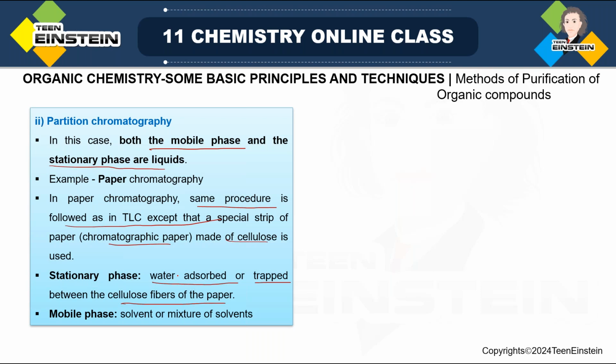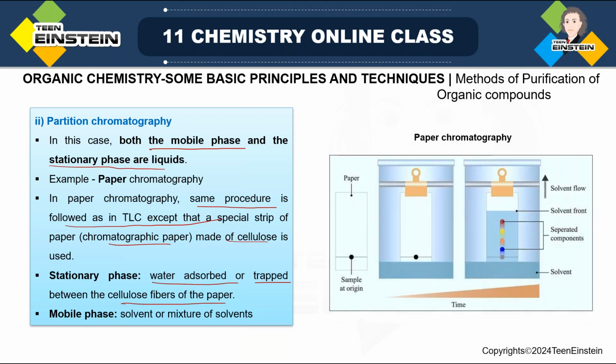So the paper itself is not the stationary phase. The water trapped between the fibers of the paper is actually the stationary phase. And the solvent or mixture of solvents is the mobile phase, just like you have seen in the case of TLC. So see, it looks like TLC, but be very careful. It is not TLC. It is a special type of paper made from cellulose where the stationary phase is already trapped, which is nothing but water.